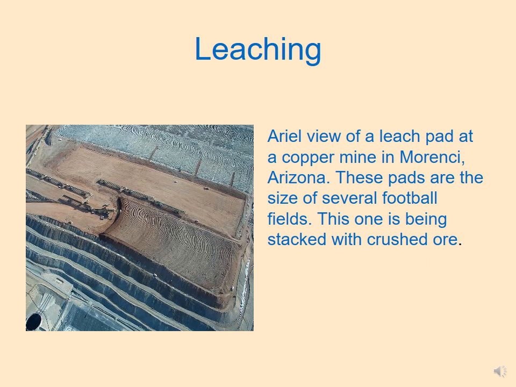So for gold, cyanide is typically the solution of choice, because cyanide has a very big affinity for gold, and as it leaches through the pad, it will remove the gold from the ore, and then the impregnated cyanide solution that has lots of metals in it will be pumped out the bottom. They'll strip those metals out of the cyanide, recycle the cyanide, and send it back to the heap leach pile. And they'll do this for about a month in order to remove the metal from the ore body.